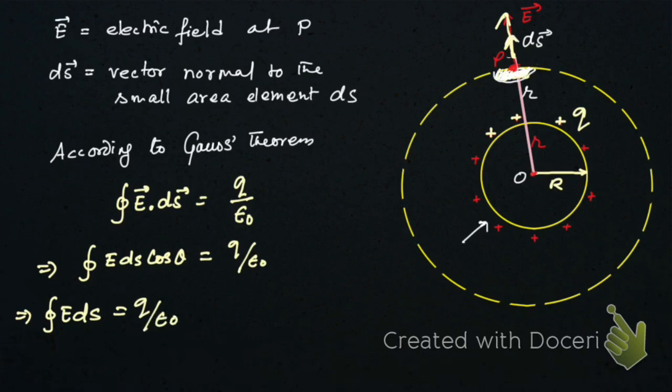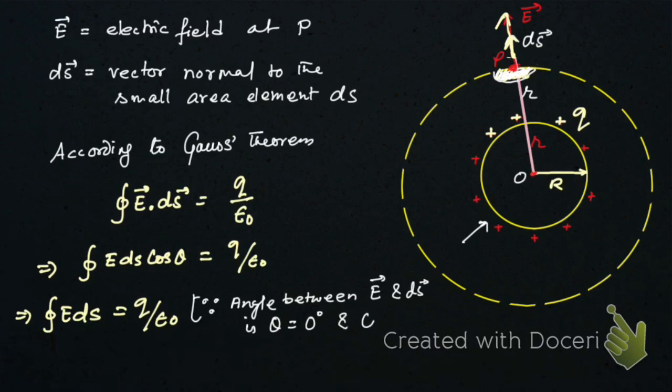equal to q by epsilon naught. Since the angle between E vector and ds vector is theta equal to 0 degree, and cos 0 degree is 1, that is why we have got this integration E ds, right?